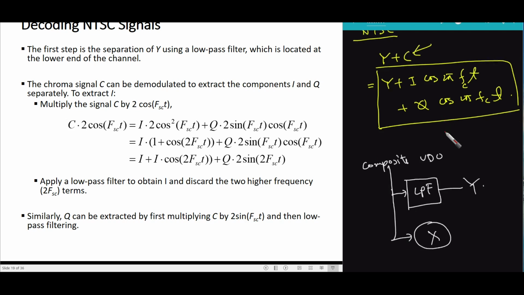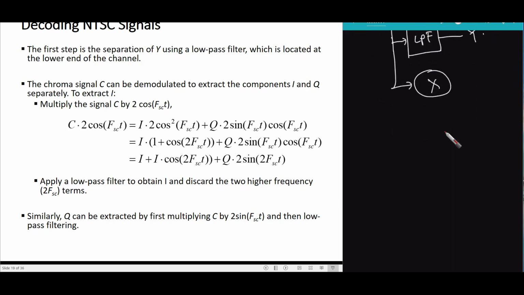Let's say we multiply this signal with 2 cos 2 pi fct.